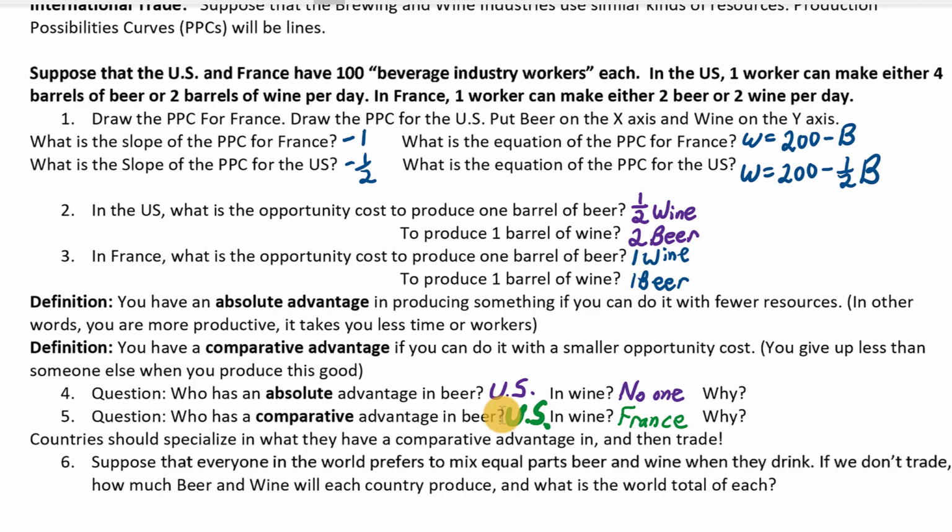That's just the way the mathematics works. So why is this true? Because France's opportunity cost in producing wine is lower than the US, but the United States' opportunity cost of producing beer is lower than France's.